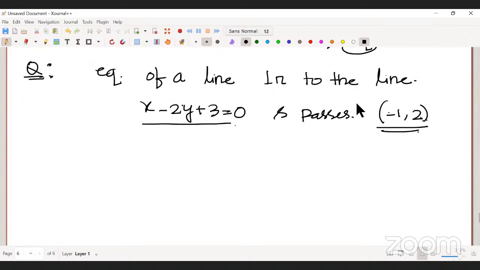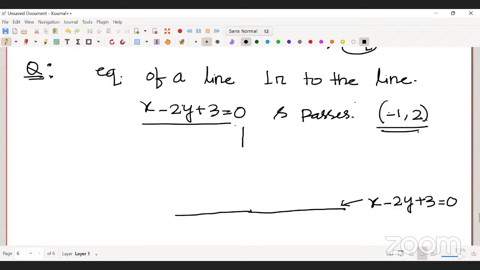So how can I do that? The equation of the given line is x minus 2y plus 3 equal to 0, and the perpendicular line passes through the point minus 1 comma 2.